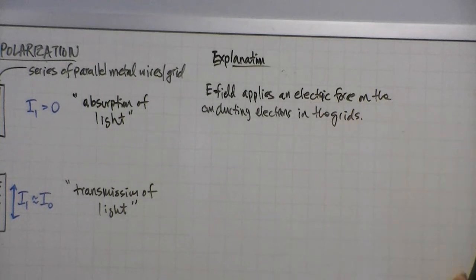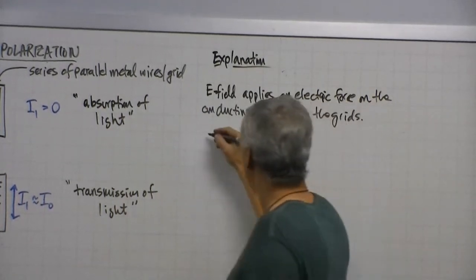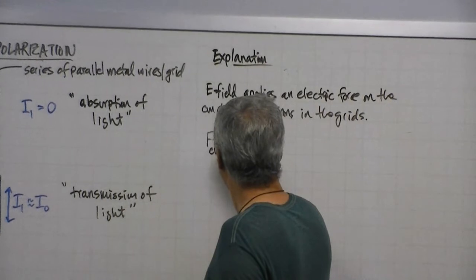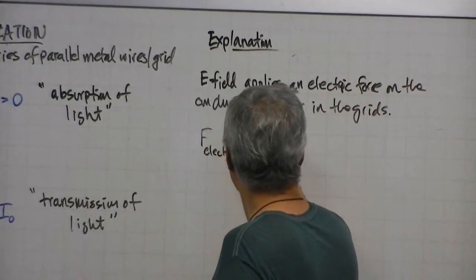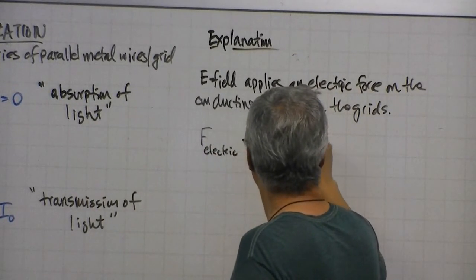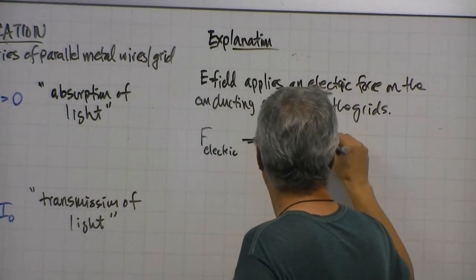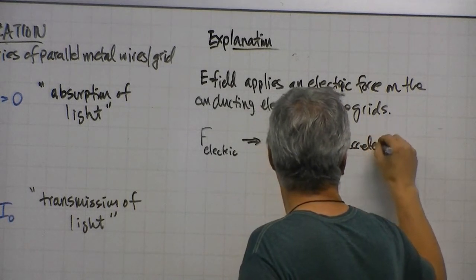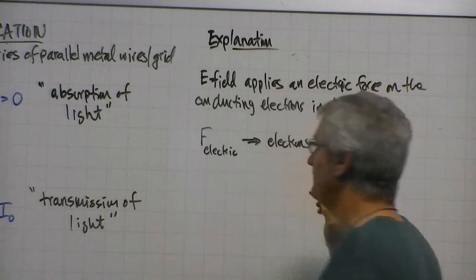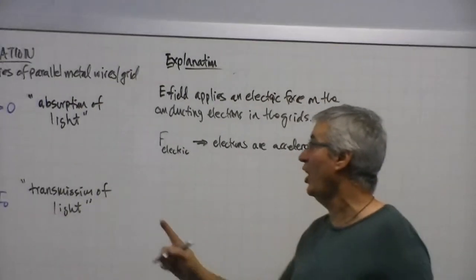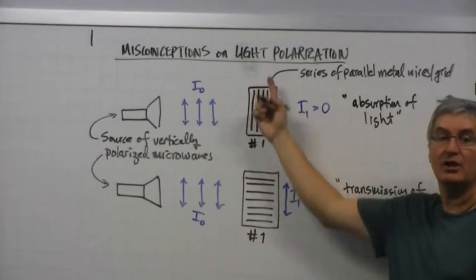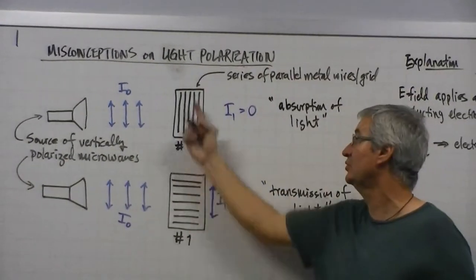If I apply an electric force, the electrons are accelerated, and if they accelerate, you create collisions along the long length of the grid system.